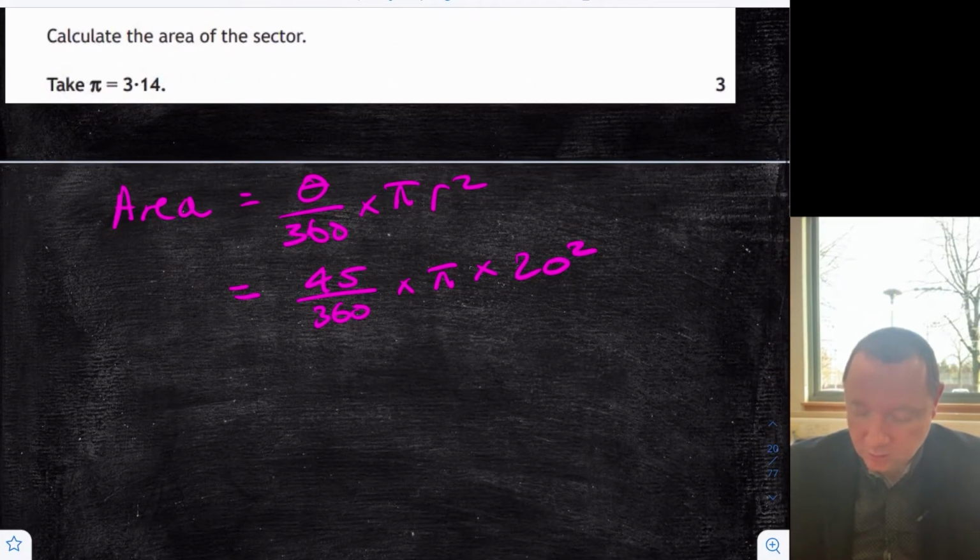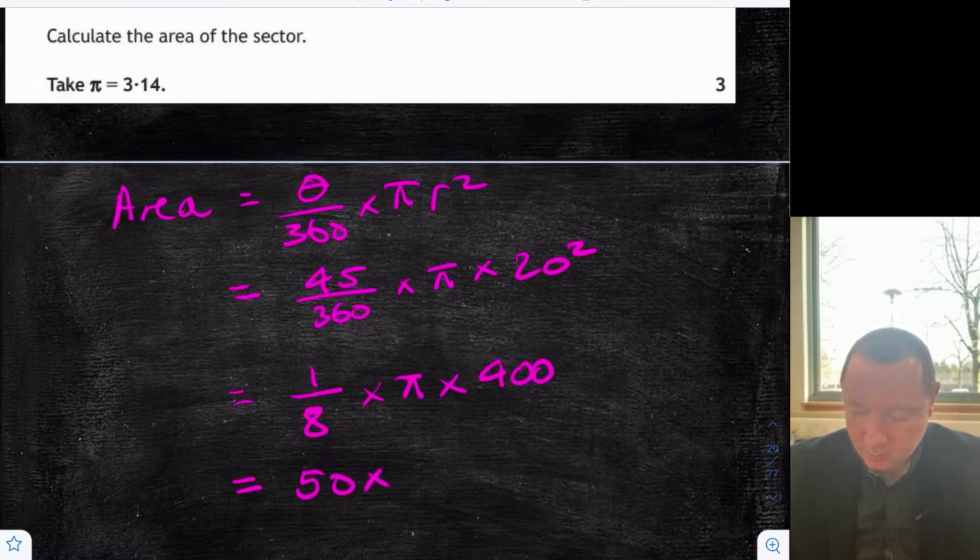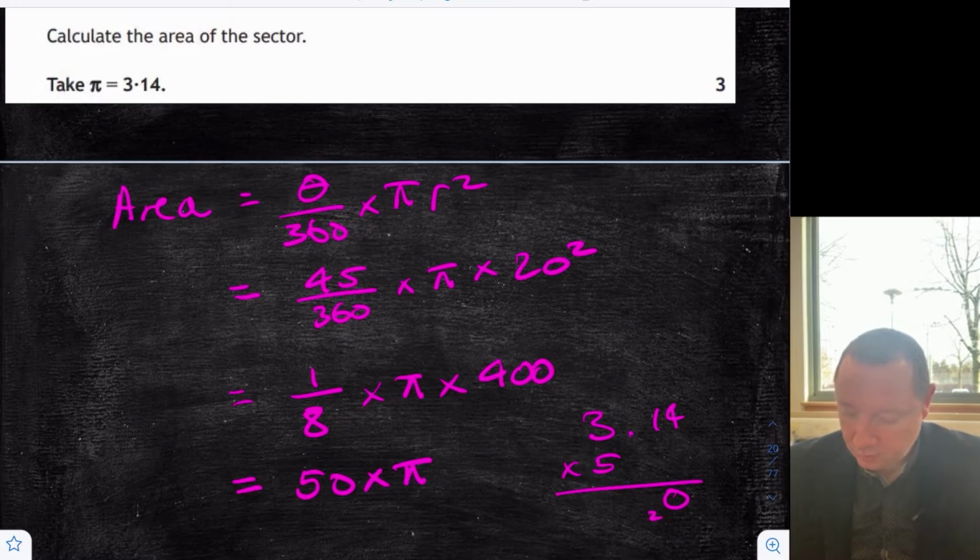So fractions we simplify, so 45 into 360, well 45 goes into 360 8 times, so I get 1/8 times pi times 20 times 20. 20 times 20 is 400, so an 8th of 400 is 50 times pi, and then again you can just at the side do 3.14 times 5. 5 4s is 20, 5 1s is 5 plus 2 is 7, 5 3s is 15.